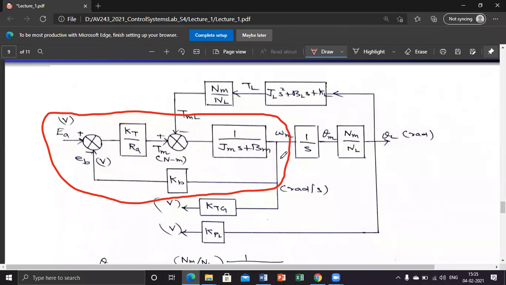Okay. Now, omega m, the motor shaft speed, can be detected by connecting a tacho generator, and the deflection angle can be sensed by a potentiometer or an RVDT. There are different types of sensors. I think you may be going through some transducers, sensors, instrumentation course.